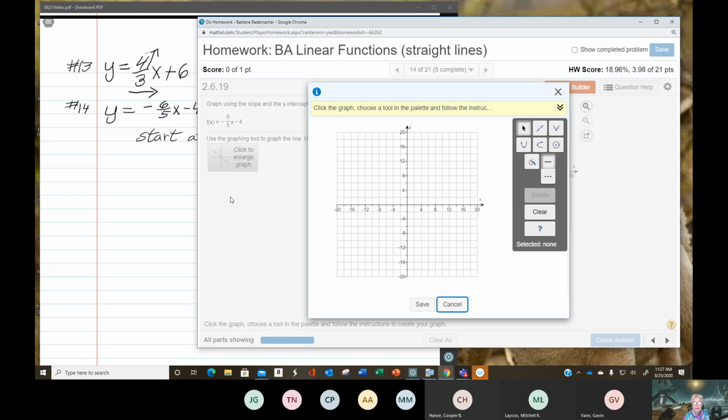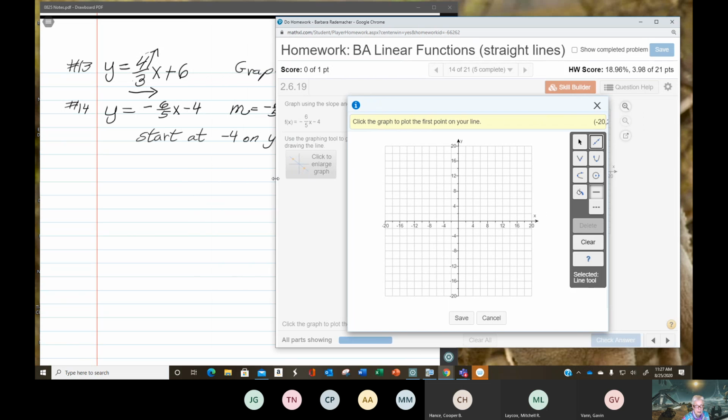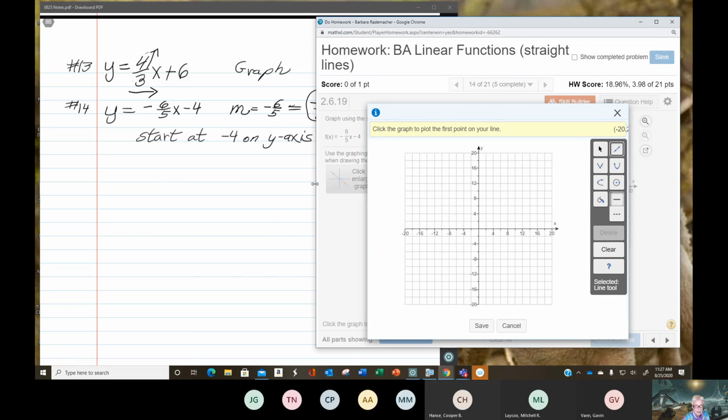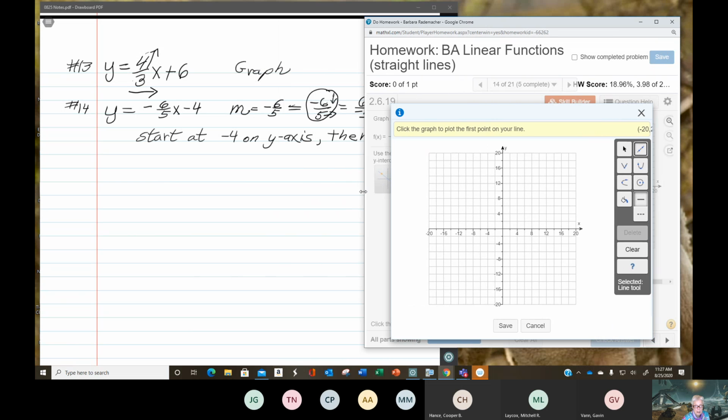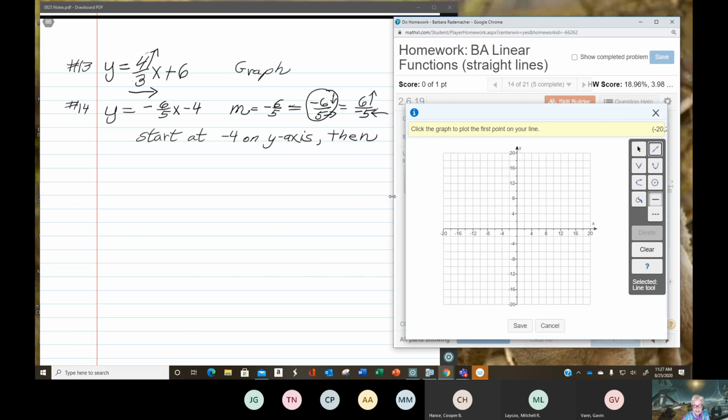So I'm going to click here. I'm going to click a straight line. I'm going to go to -4. Let me pull this in a little bit first. Oh, it's staying as big. Good.